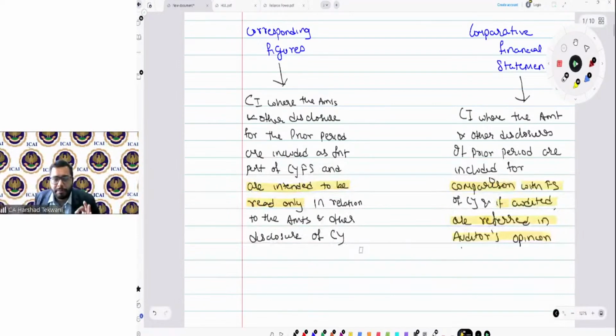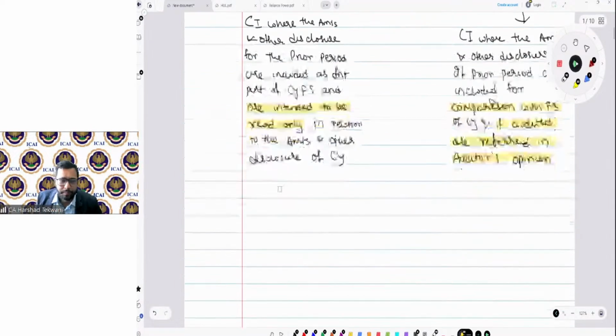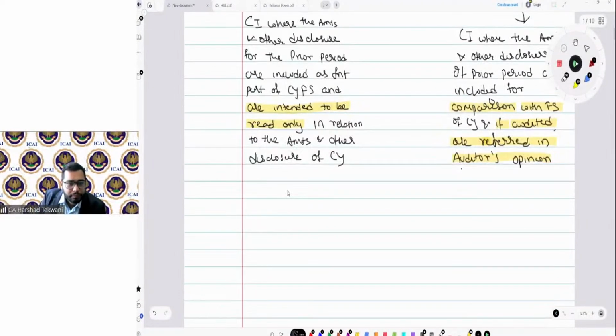Whereas for the corresponding numbers, we do not include a separate opinion because we consider that as a part of the current year financial statement, or sometimes we do not issue any opinion on that. So if I talk about corresponding figures, when corresponding figures are presented in the financial statement, the auditor's opinion is not required to refer to the corresponding figures.